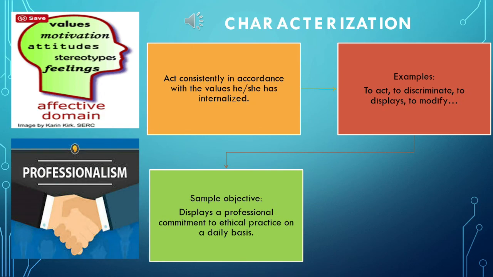Lastly, characterization. In characterization, the student acts consistently in accordance with the values he or she has internalized. In this level, the student has a value system that controls their behavior. The behavior is pervasive, consistent, predictable, and most importantly, characteristic of the learner. Instructional objectives are concerned with the student's general patterns of adjustment: personal, social, and emotional.